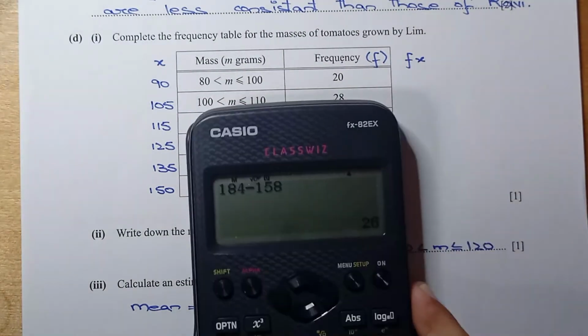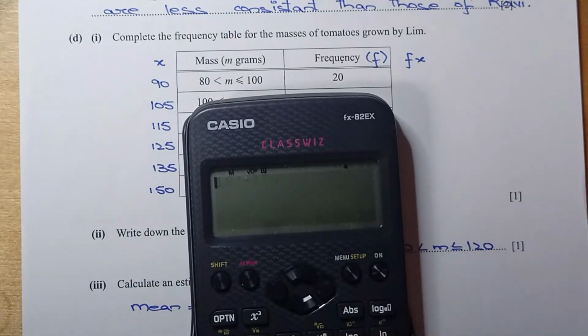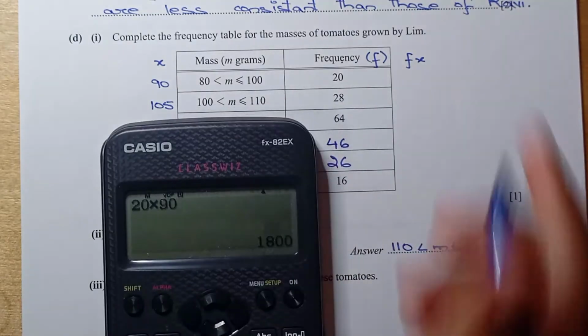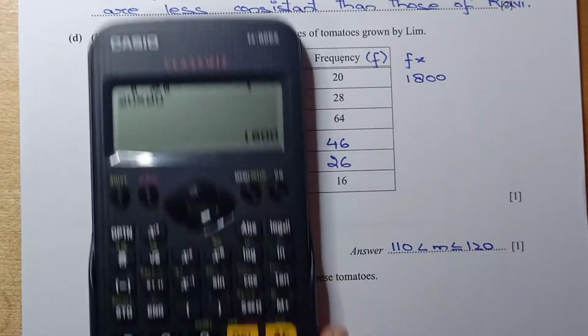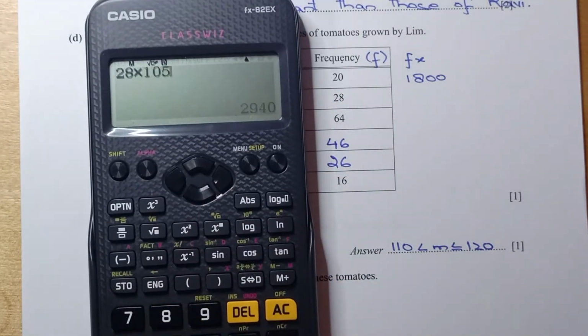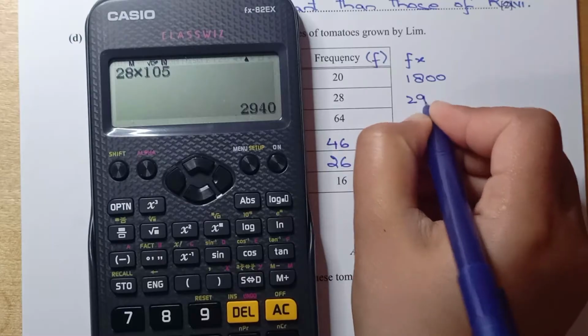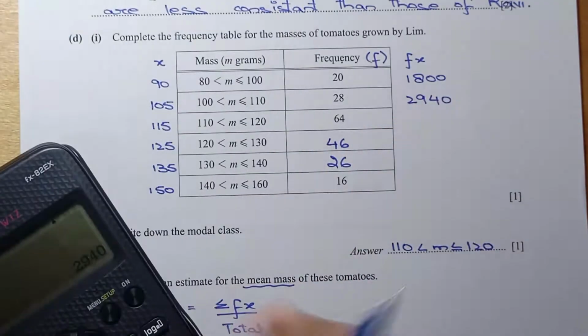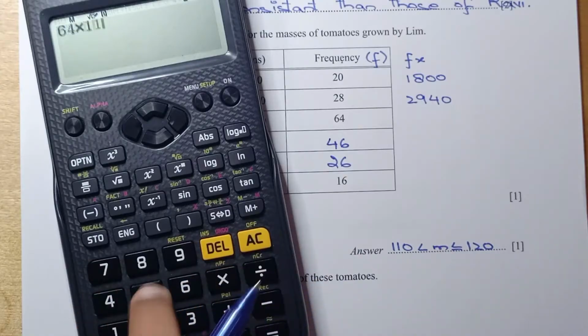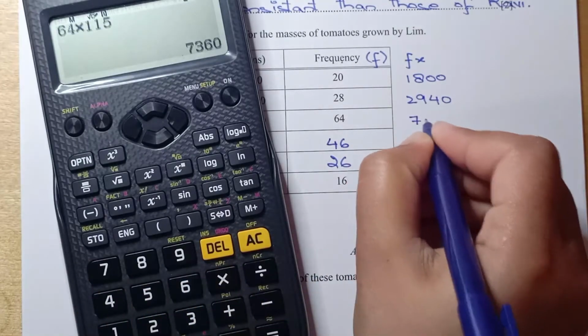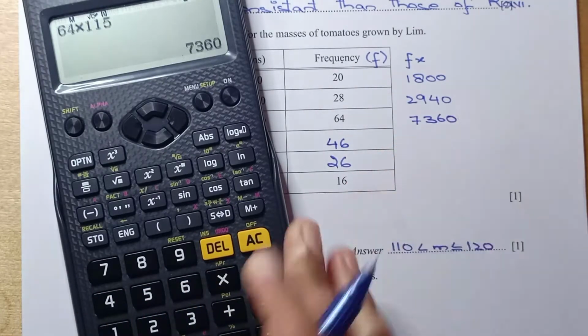So the first product is 20 times 90, which is 1800. 28 times 105 is 2940. The next is 64 times 115, which is 7360.